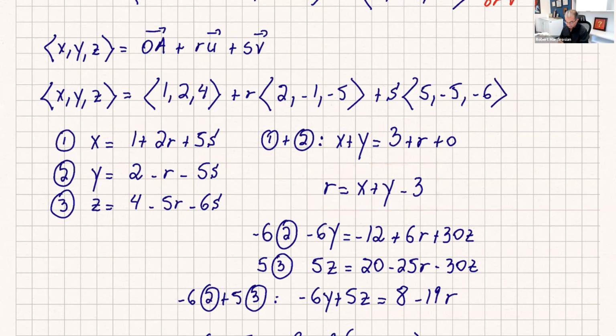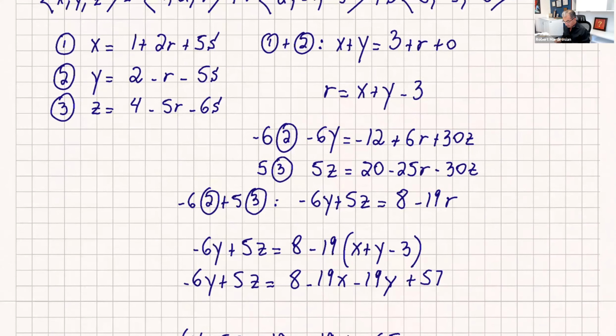Now, if we go to 2 and 3 or 1 and 3 and you cancel s again, then you can eliminate s and r. Let's see what I did. I multiplied -6 times the second equation plus 5 times the third equation, and I wrote them here.